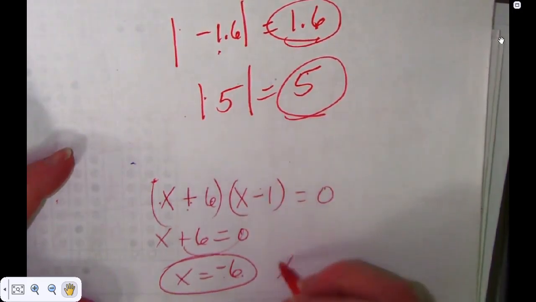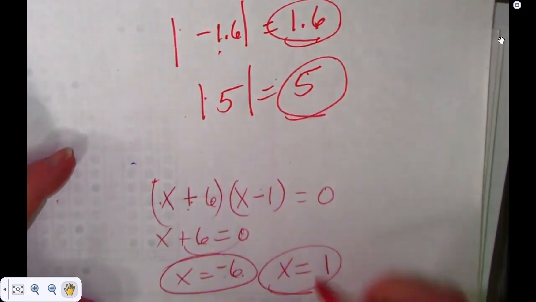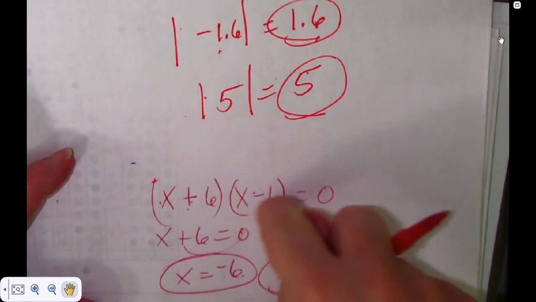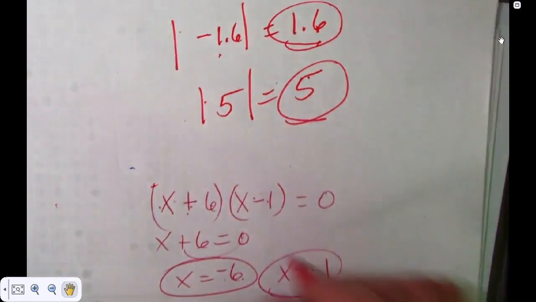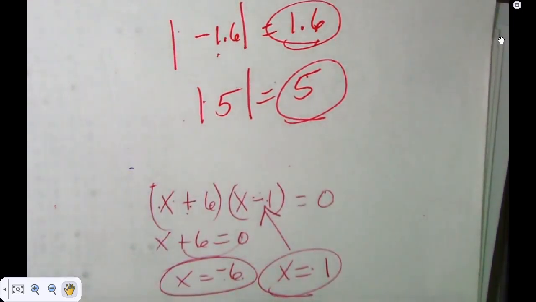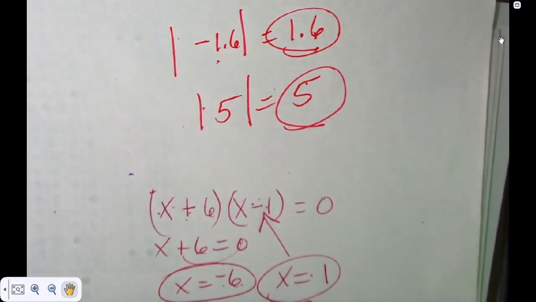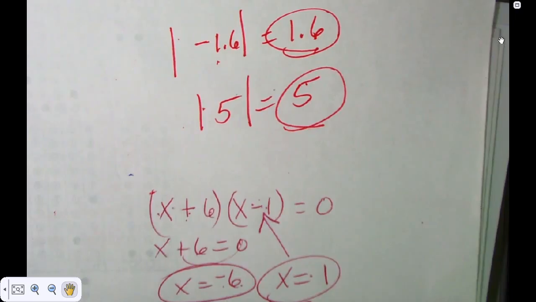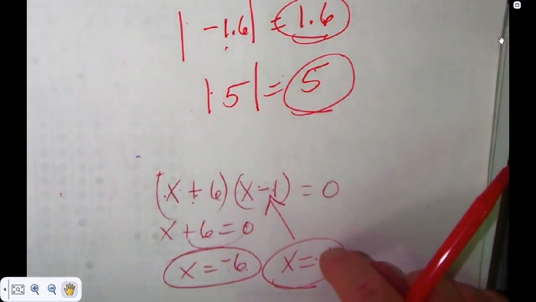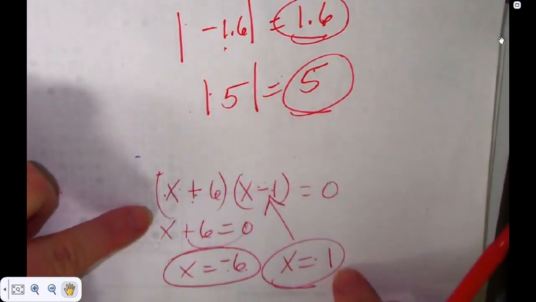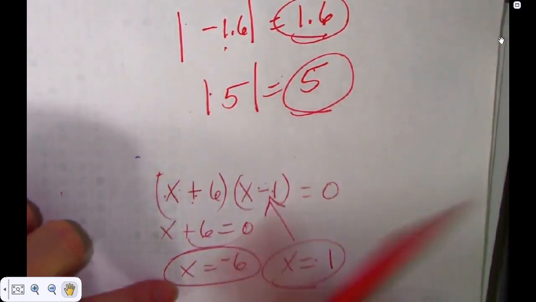And this is x equals 1. So when you go backwards and write your factors, you've got to go the opposite of what you had. And that's big. This is something you have to know. Y'all get that? We're doing the opposite?